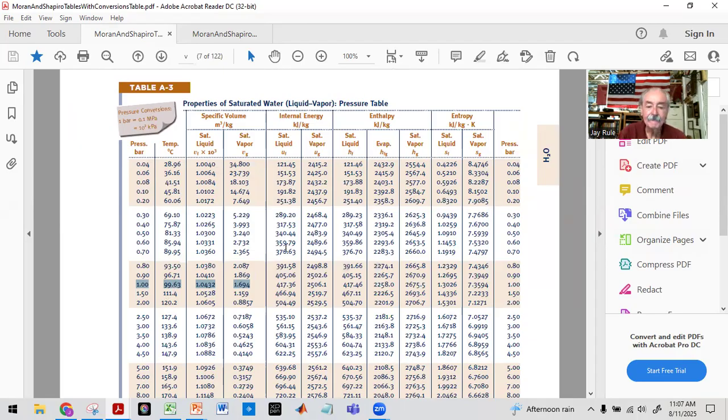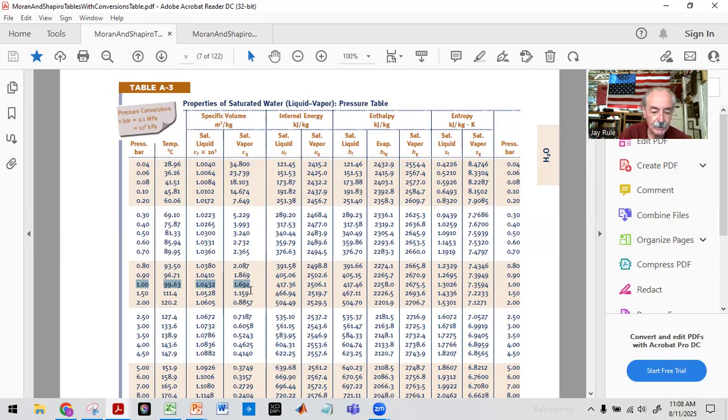So this pressure table is identical to the temperature table other than the way that the columns are arranged, and therefore the way the numbers shake out for these different properties. And so do you see here, saturated liquid, v_f times 10 cubed is 1.04. So you're going to slip the decimal place 3 places.